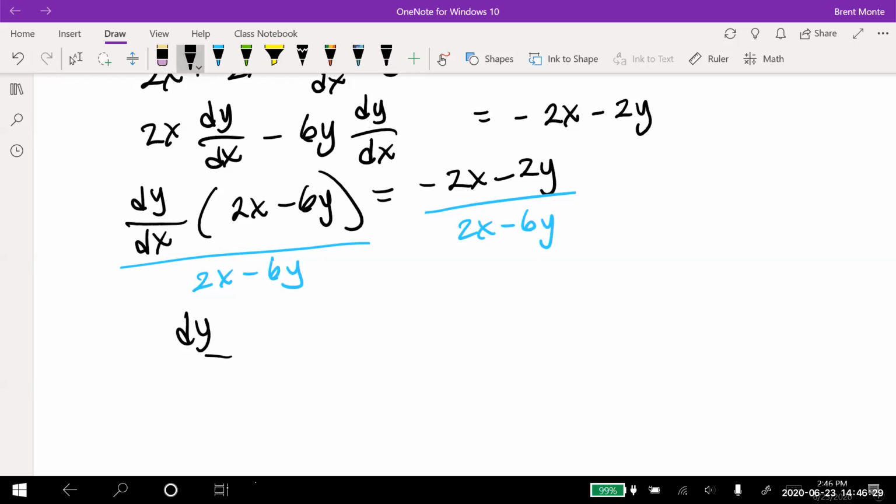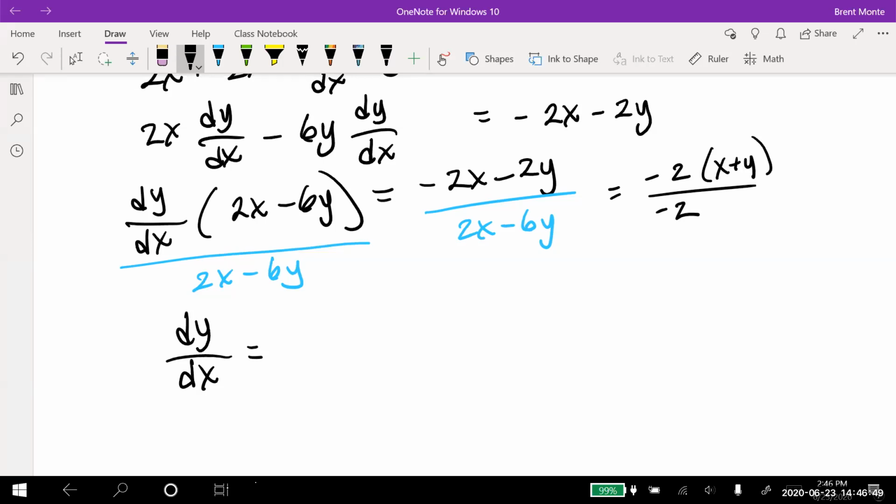Now I will tell you what authors like to do. They like to get rid of negative signs. So what they're going to do is factor out a negative. And since 2 goes into everything, they're going to factor out a 2 also, both top and bottom. Factor out the same thing, top and bottom, so they'll cancel out. So I'm going to end up with x plus y on the top.